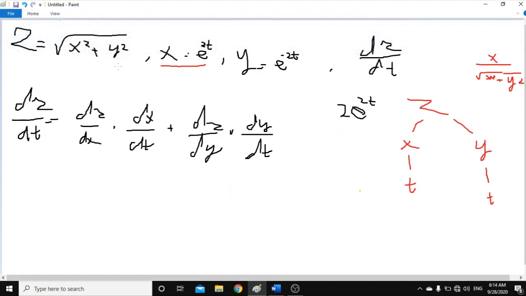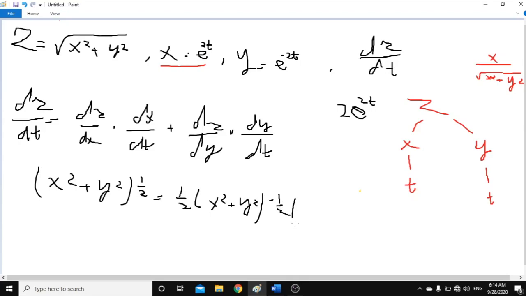And let's solve dz over dy. So we need to find the partial derivative of the original function with respect to y, not with respect to x. So we solve x squared plus y squared to the 1 over 2, which is equal to 1 over 2 times x squared plus y squared to the negative 1 over 2. Right now we take the derivative of the inside with respect to y.